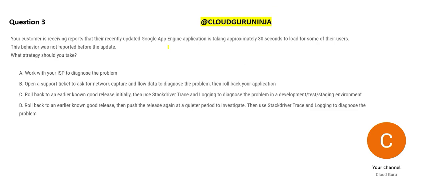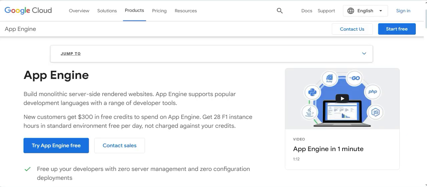So your customer is receiving reports, and what is the report saying? It is saying that the Google App Engine application is taking 30 seconds to load for some of its users. What is App Engine? If you have websites, then you can use it.